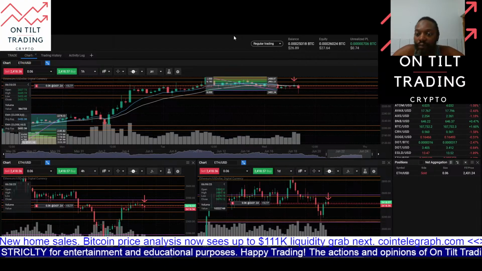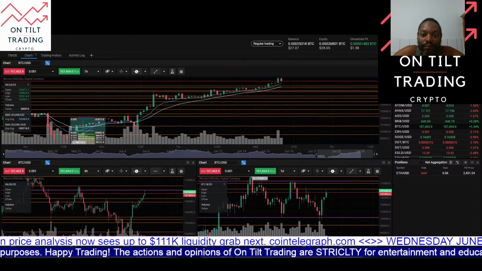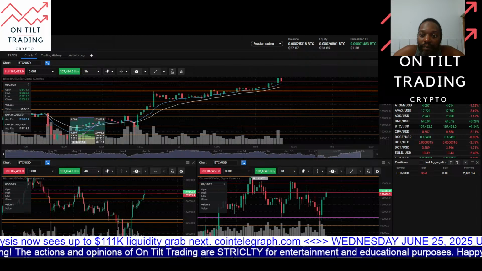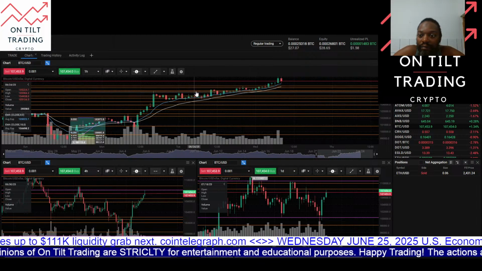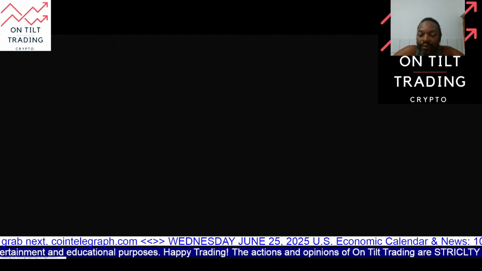Pretty aggressive pullback here. Price of Bitcoin. My screen must be frozen. This isn't going to be holding to this degree.